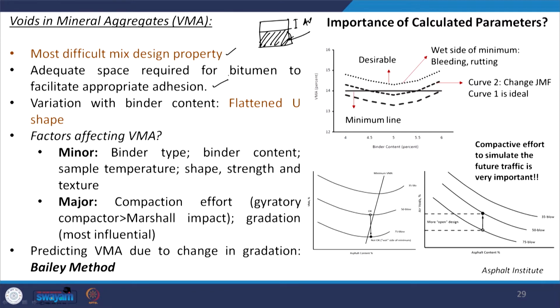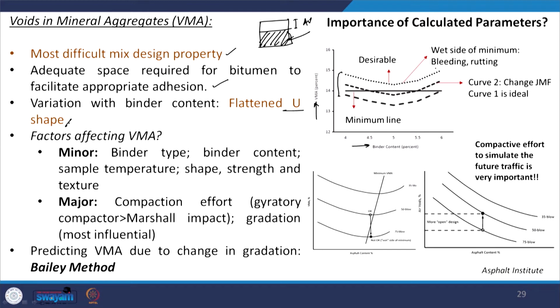If we see how binder content is affecting values of VMA, you will see a flattened U shape. Flattened U shape means that, so this is the binder content, this is the value of VMA. You can see any of the three curves which are shown here. The VMA first decreases and then it increases. Let us try to understand this.